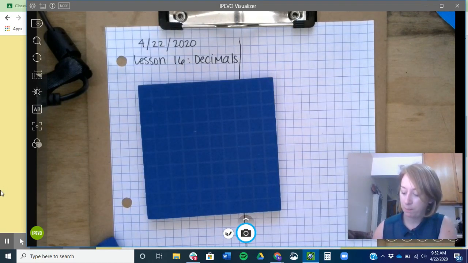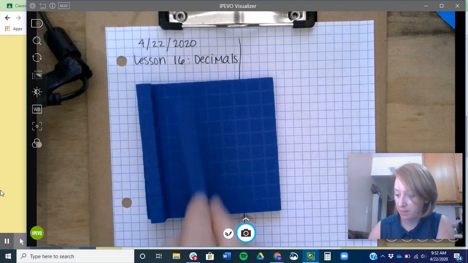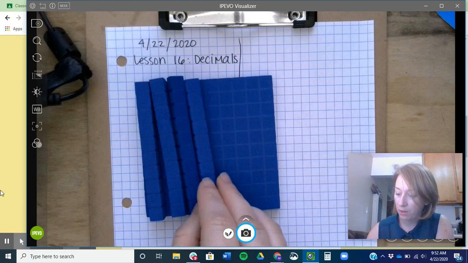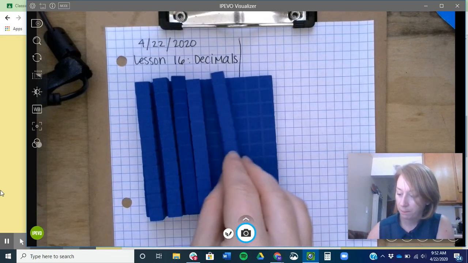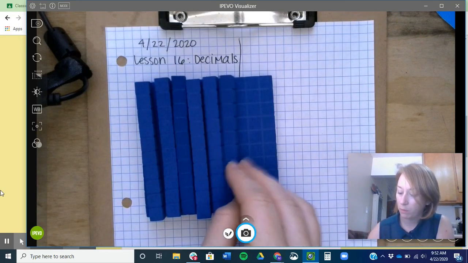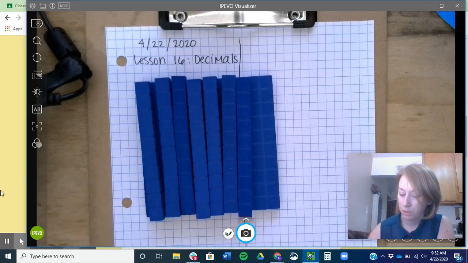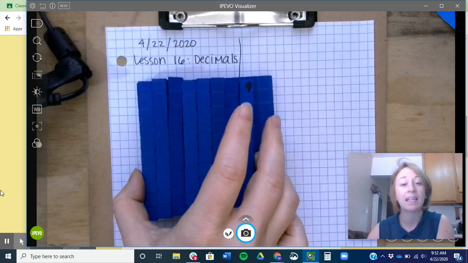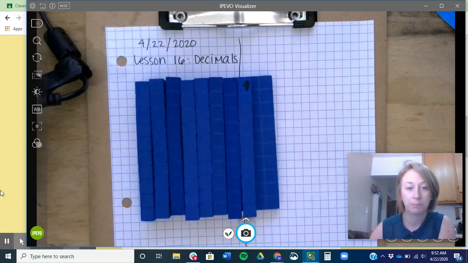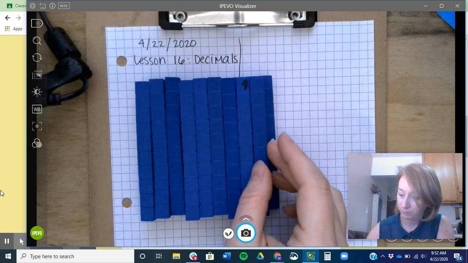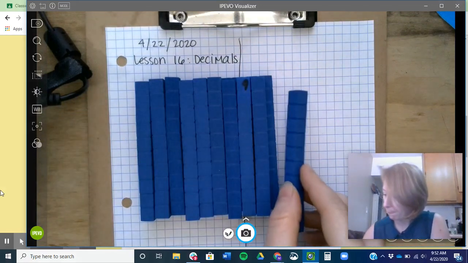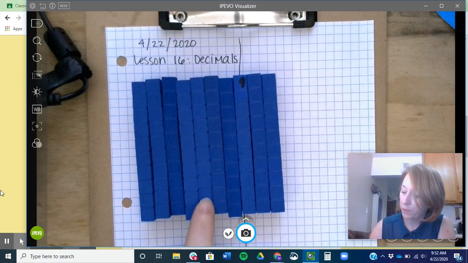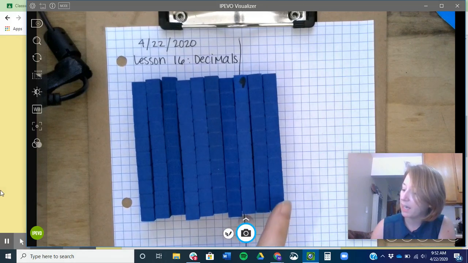So if I cut this into 10 equal sized pieces, I can put all these sticks on top of the one whole to represent it being cut into 10 equal sized pieces. I've got one more. So 1, 2, 3, 4, 5, 6, 7, 8, 9, 10.